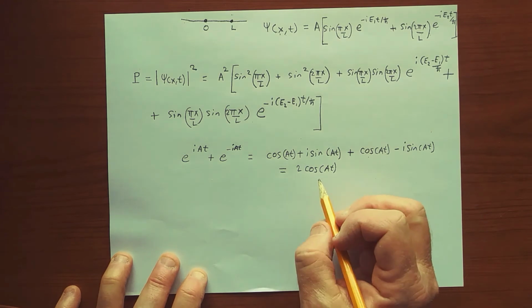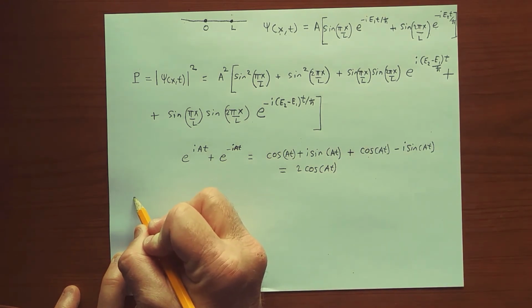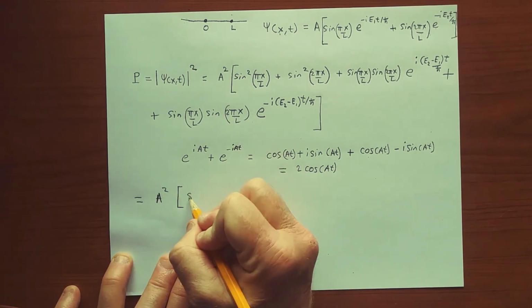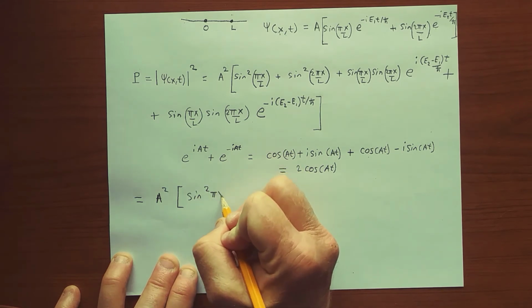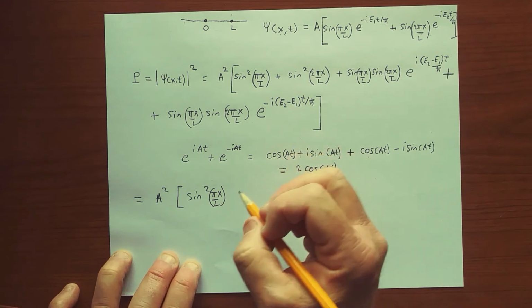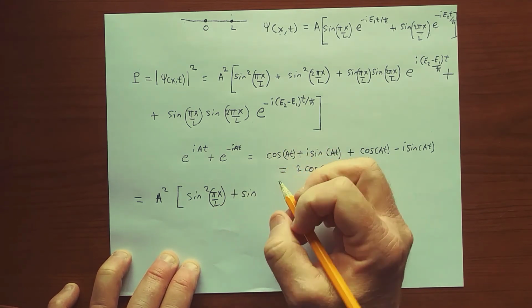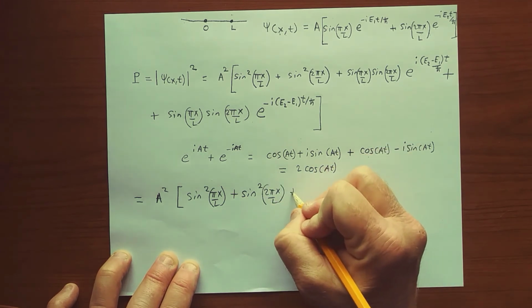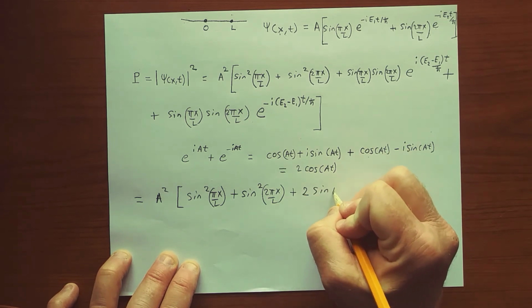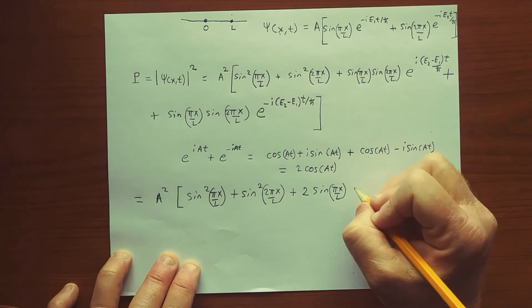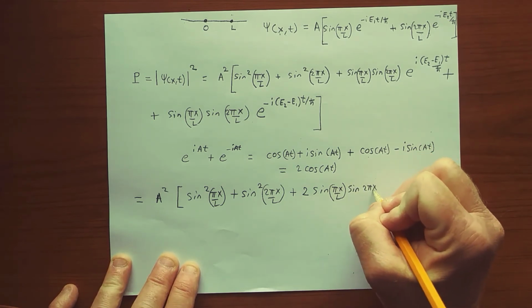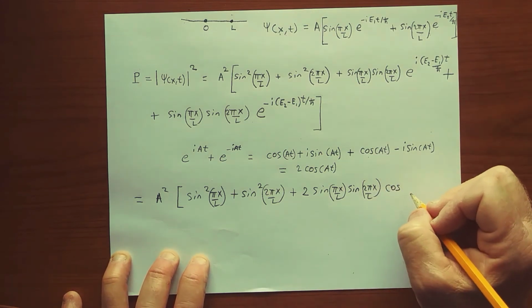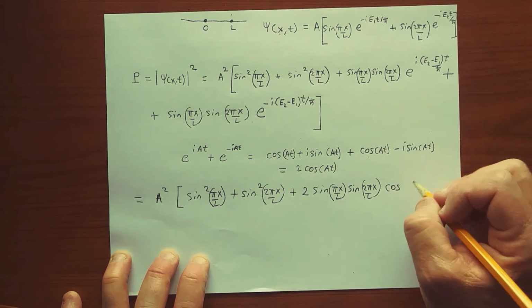And so we end up with the probability density being A squared times the sine squared of pi x over L. All right, so we have a term, or rather two terms, that don't have any time dependence in them, plus 2 sine of pi x over L sine of 2 pi x over L times the cosine of this term we called a, which involves a difference in energy.